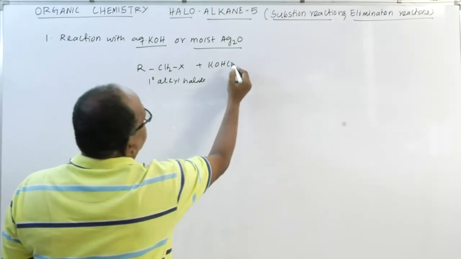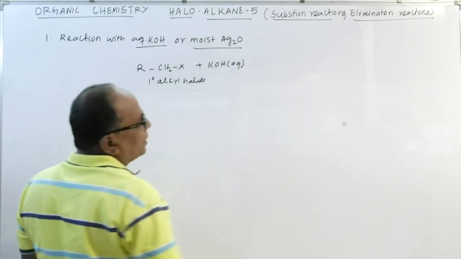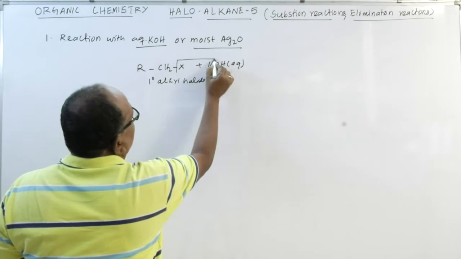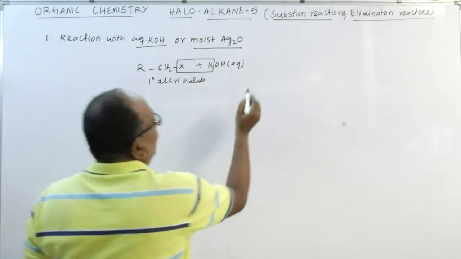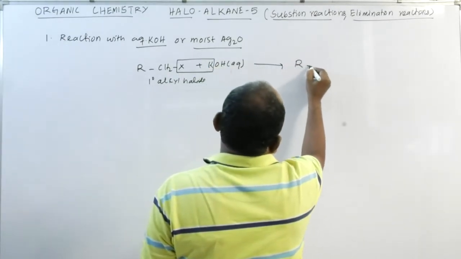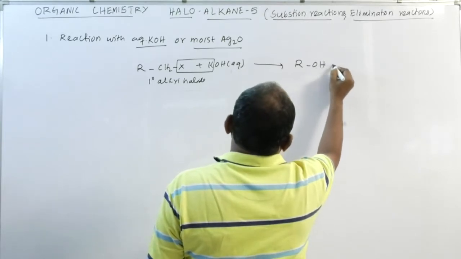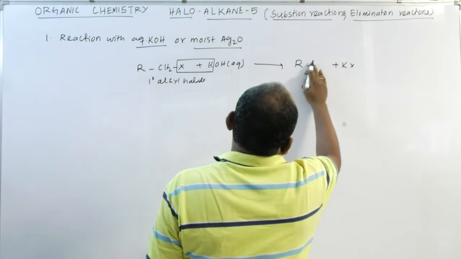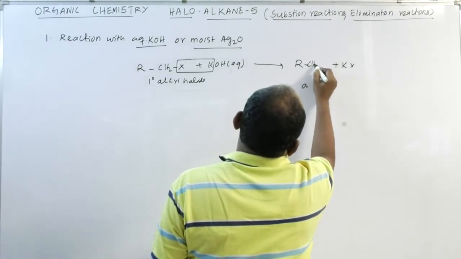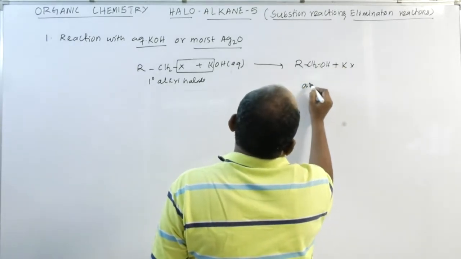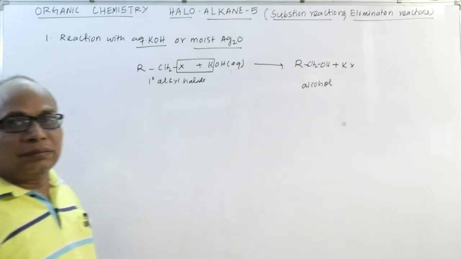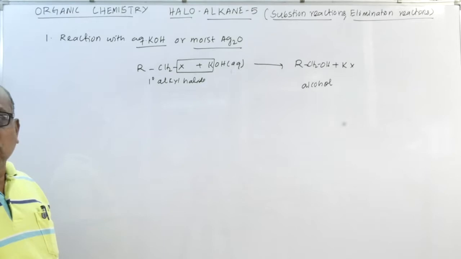aqueous means that it is dissolved in water, and this X and this K react to form ROH plus KX. This is your RCH2OH. This is your what? Alcohol. So what will happen?